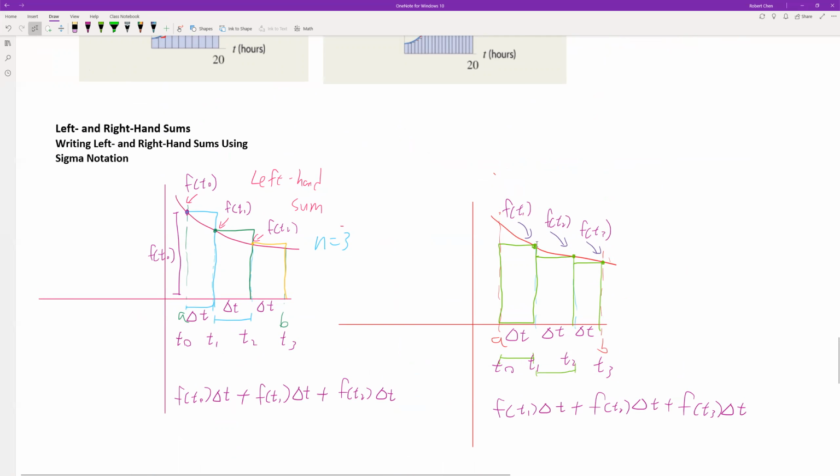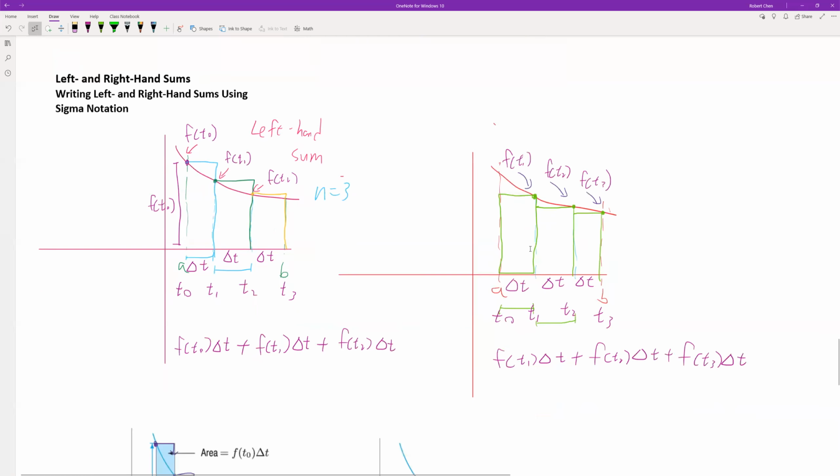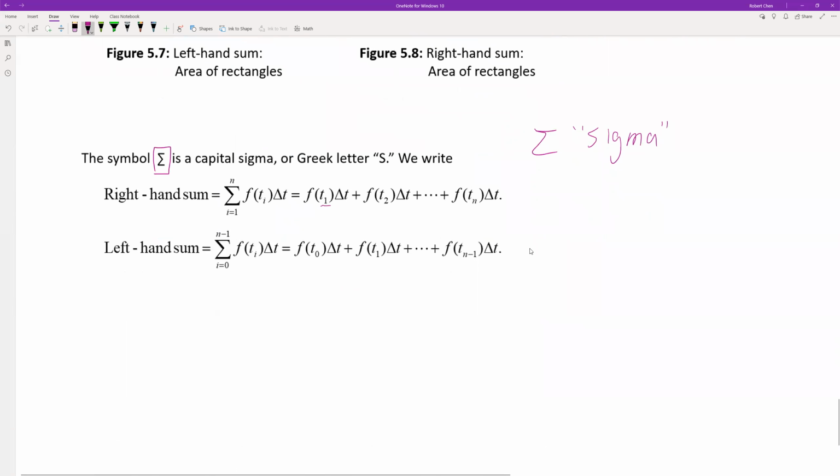So that will be f of t1, then f of t2, and f of t3. The first one we use is f of t1, which gives the area of the first rectangle. We're using the right-hand sum, so we're taking t1 instead of t0.